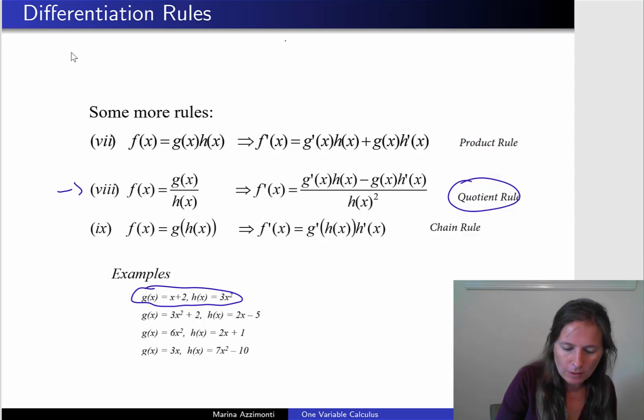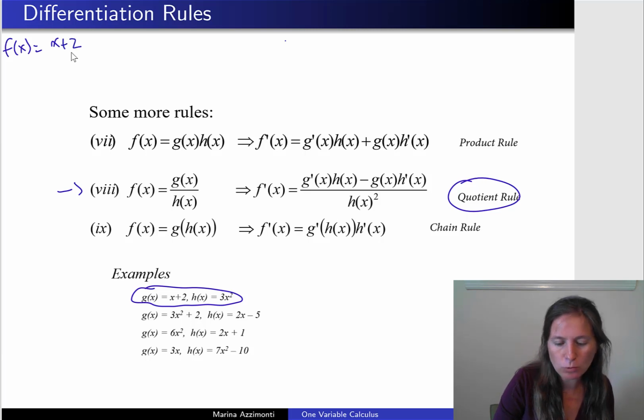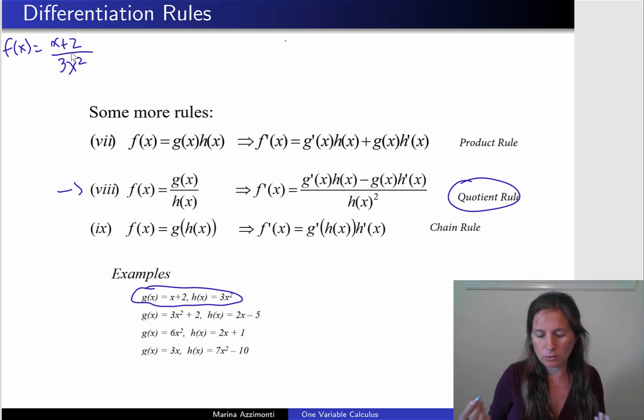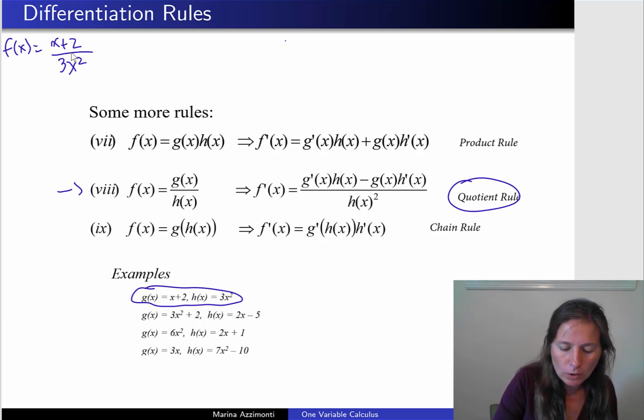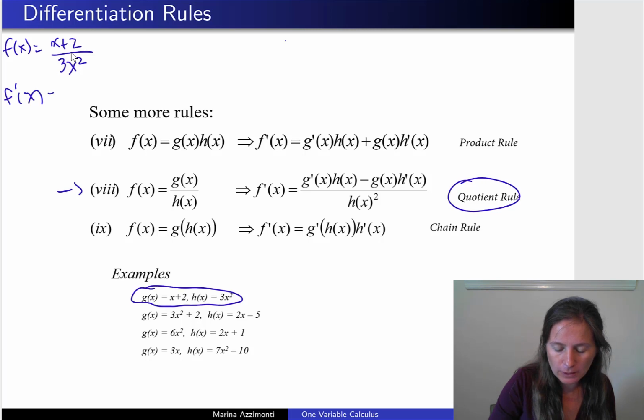And now let's focus on this rule. So now let's say that f of x is, again using the same example, x plus 2, our g function, divided by 3x squared, which is our h function. So what is f prime of x going to be?